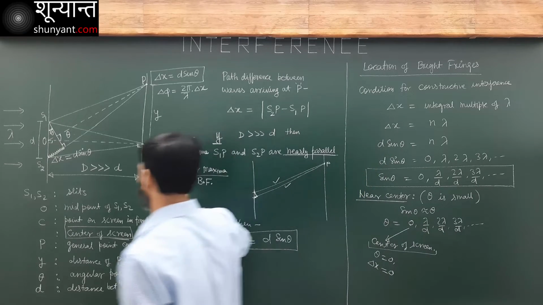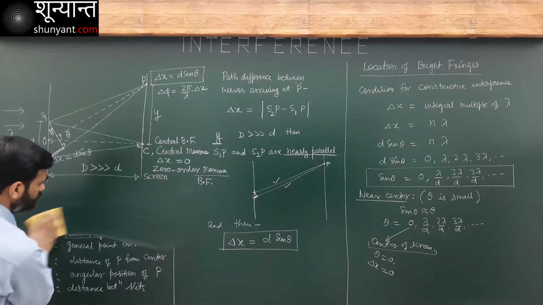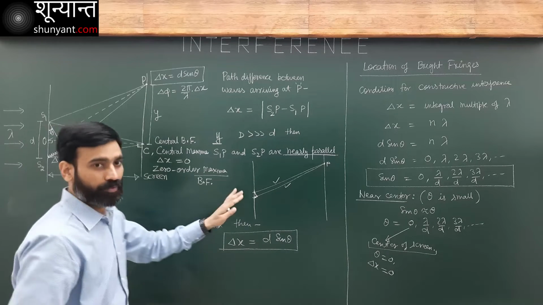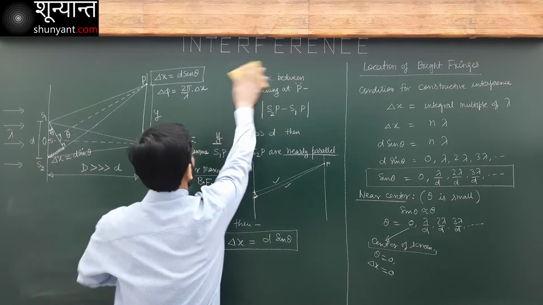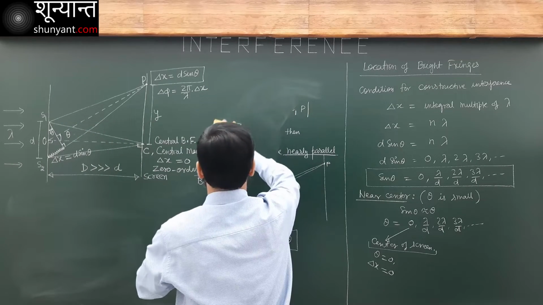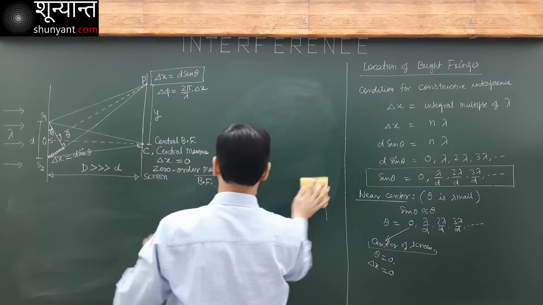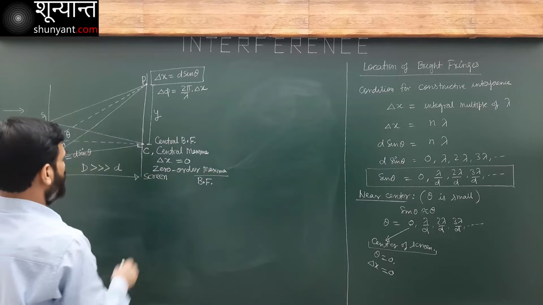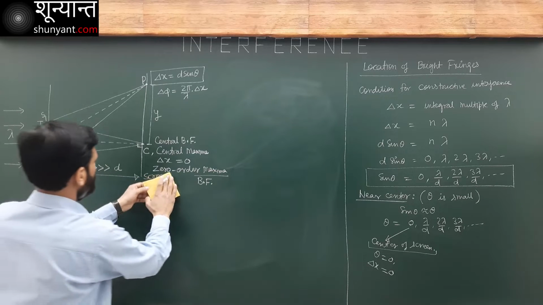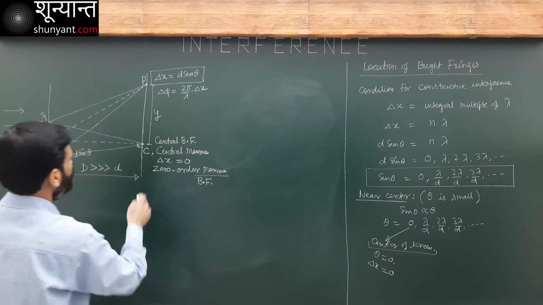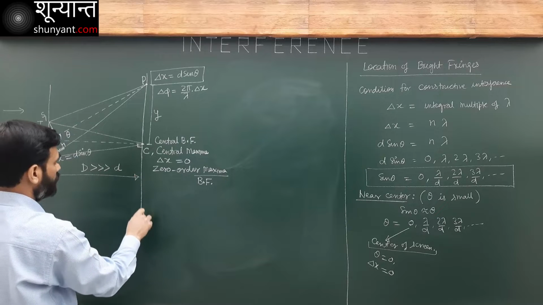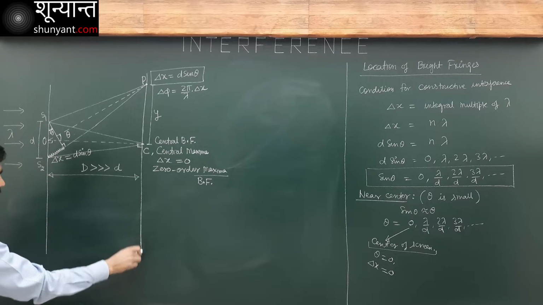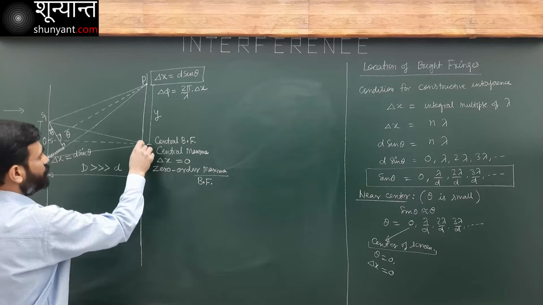Now let me clean all this. I'm going to write something here. Now, on either side... path difference is 0 here.